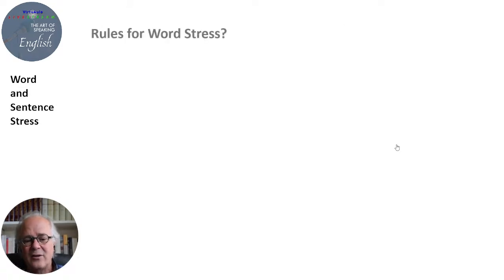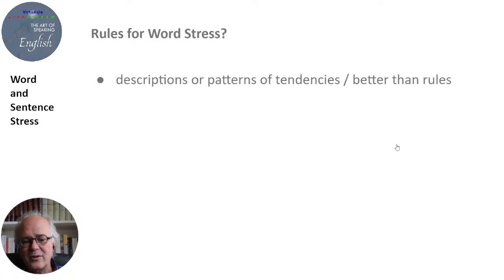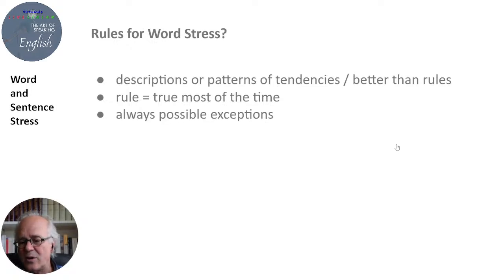And in fact, talking about word stress, can we say that there is a rule? No. It's more important to understand the description or the pattern of the tendency rather than the rules. Okay, that's because rules only tell you what is true most of the time. You're almost always going to find exceptions.